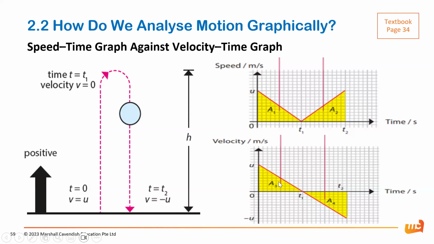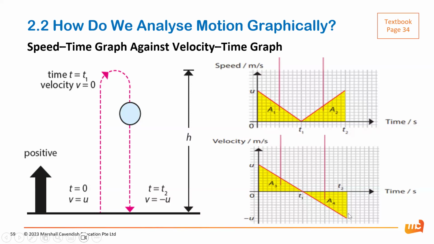But for the velocity-time graph, direction matters. The first part is when my ball is moving up, so I'm in the positive direction. But after time t1, where my velocity becomes 0, I start to move down. When I move down, I'm moving in the opposite direction, so my graph goes into the negative region.